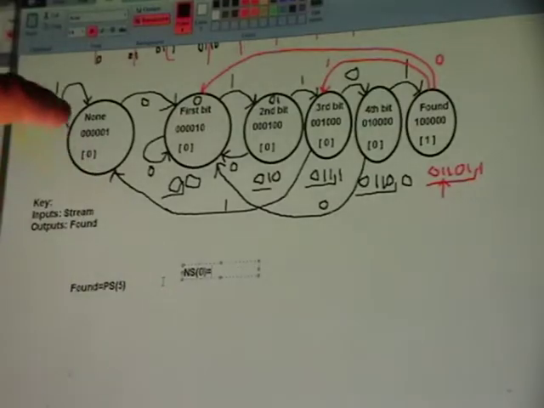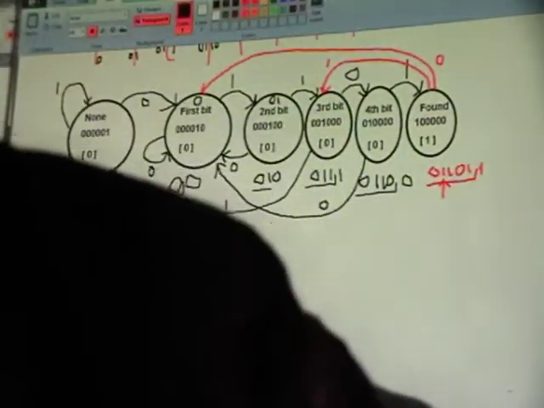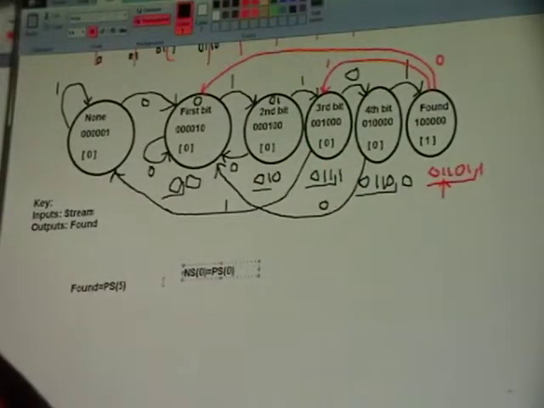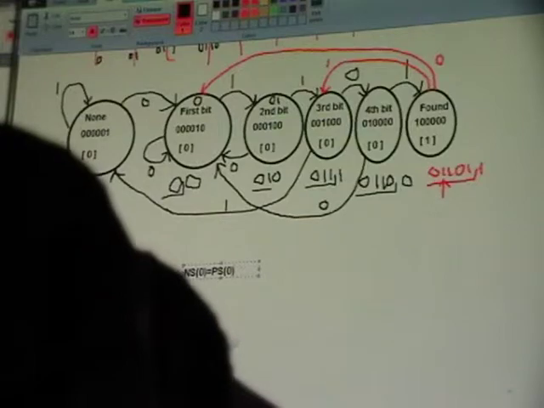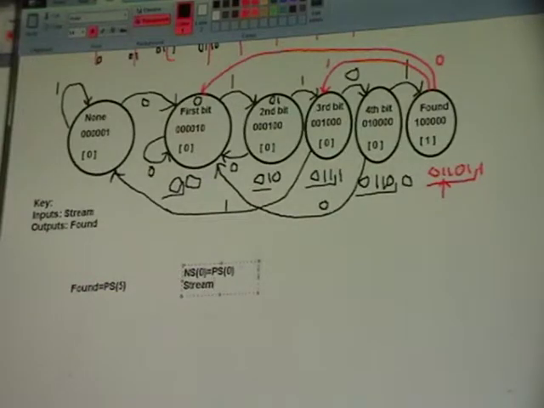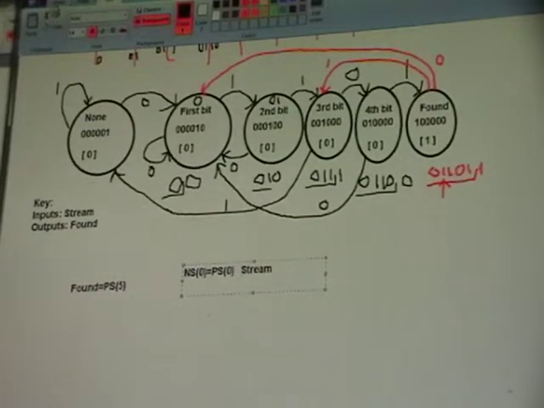So let's look at the first one. If you are already in this state and you get a 1, you go back to the state. So that would be PS 0, and I'll make a little dot there for the AND.